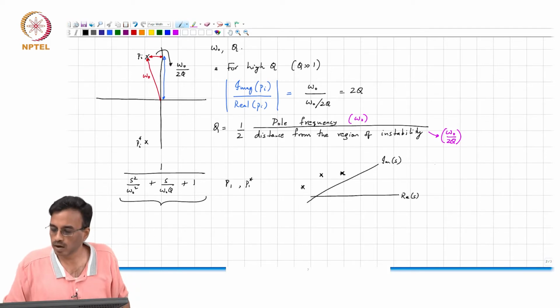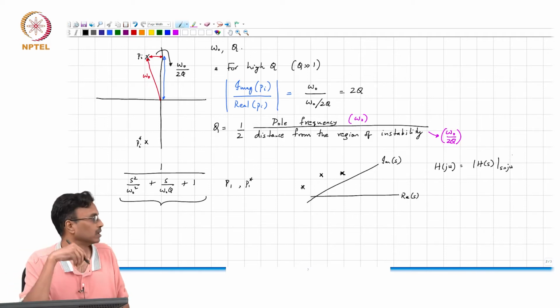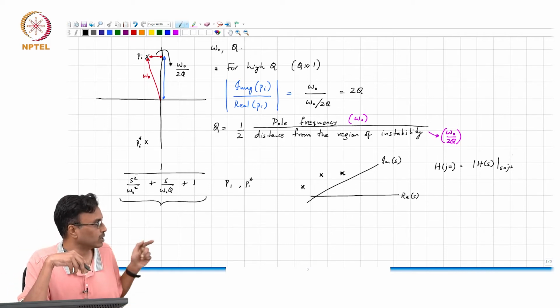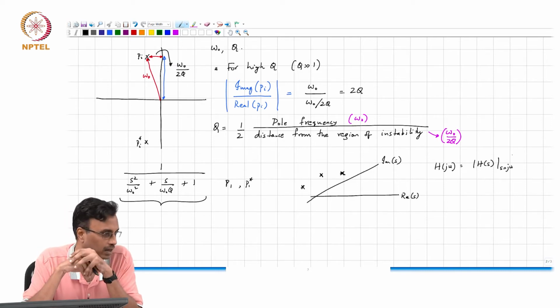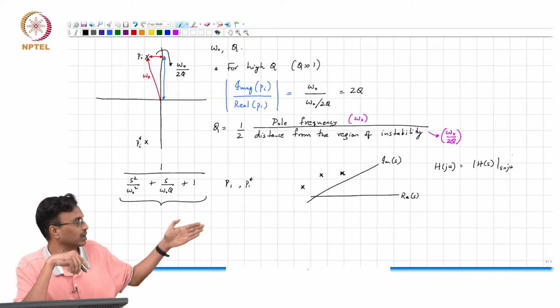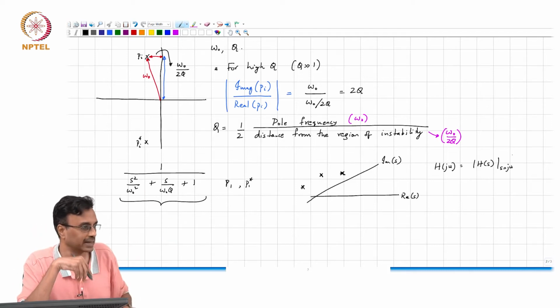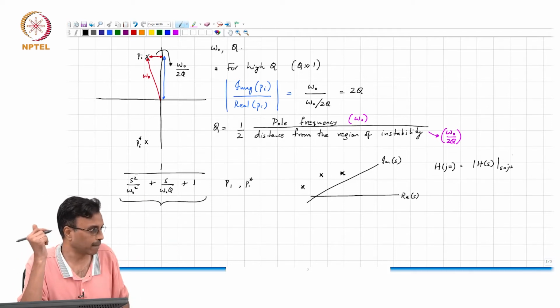So, mod H of j omega is simply mod of H of s evaluated at s equal to j omega. In other words, you travel along the j omega axis and then keep evaluating H of s. Pictorially, you take the 3D plot and then slice it on the j omega axis.